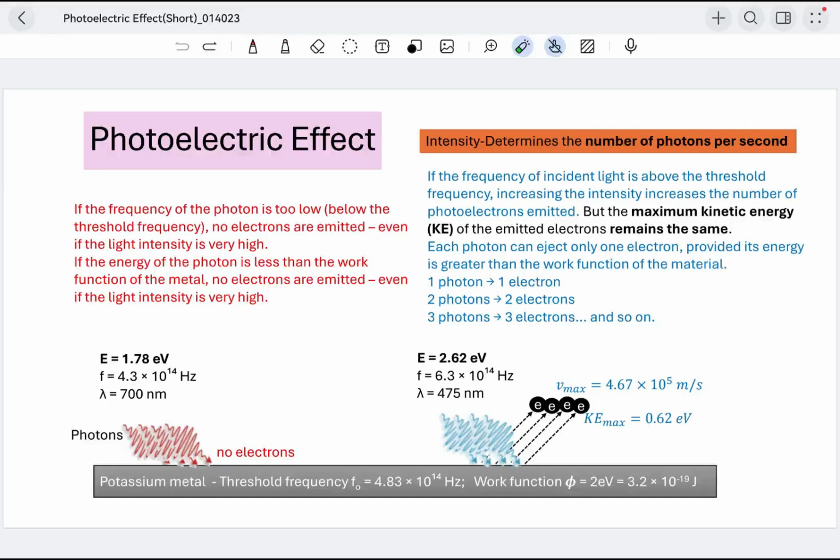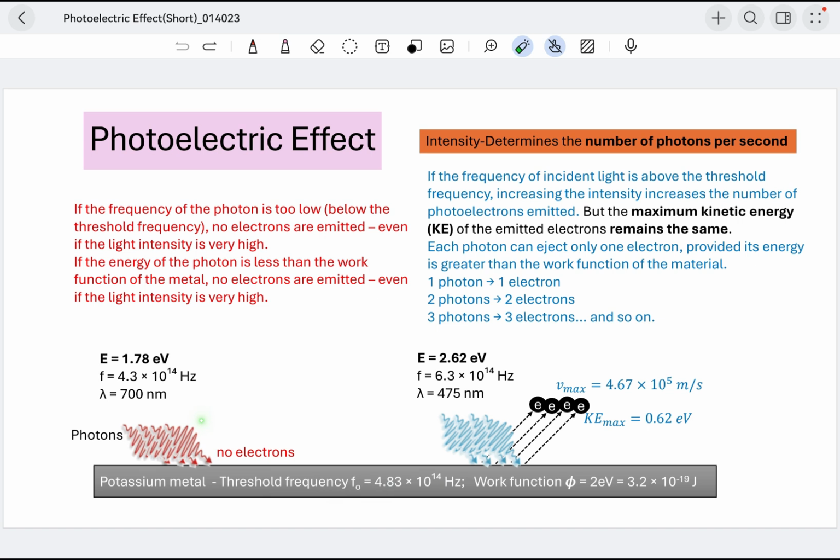Now let's study the photoelectric effect in terms of intensity. Intensity determines the number of photons per second. When light of a certain frequency shines on a metal surface, it can eject electrons only if the frequency is above the threshold frequency.